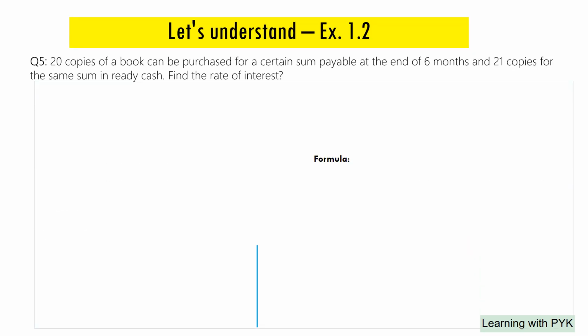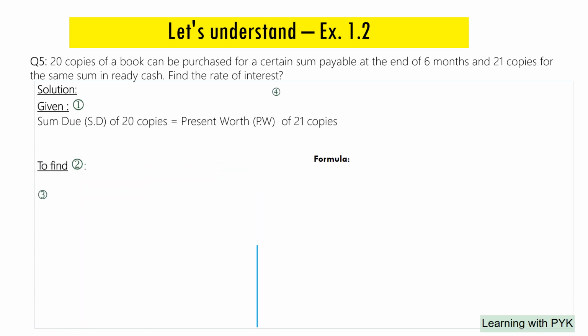Let's understand question number 5. 20 copies of the book can be purchased for a certain sum payable at the end of 6 months and 21 copies for the same sum in ready cash. So here we have been given that 20 copies would be equal to the cost of 21 copies. We have to find the rate of interest. Given, to find actual solution and the answer.